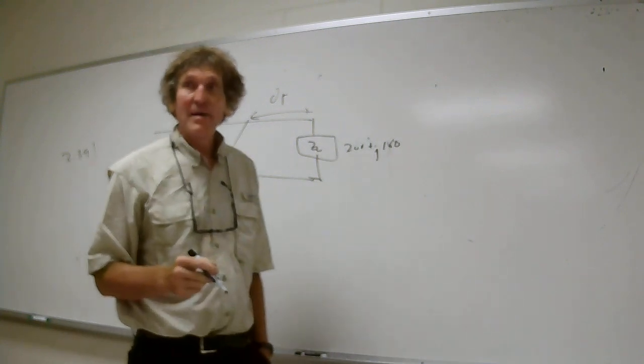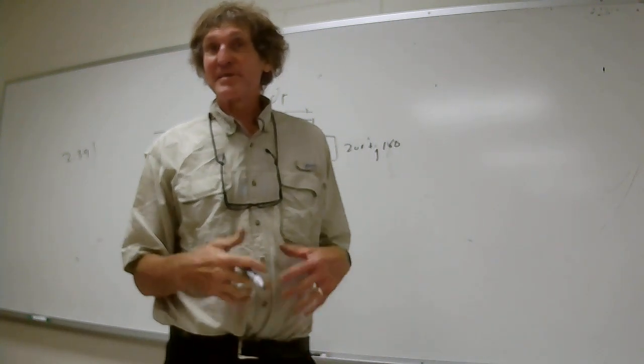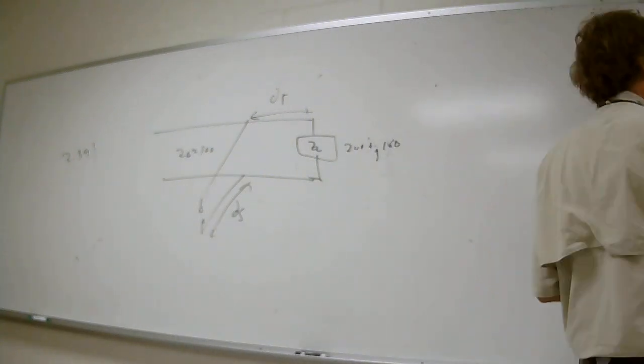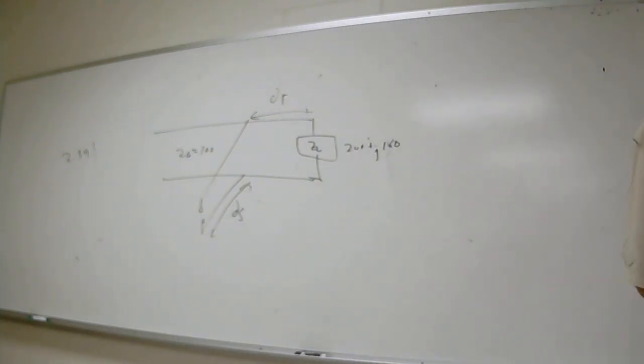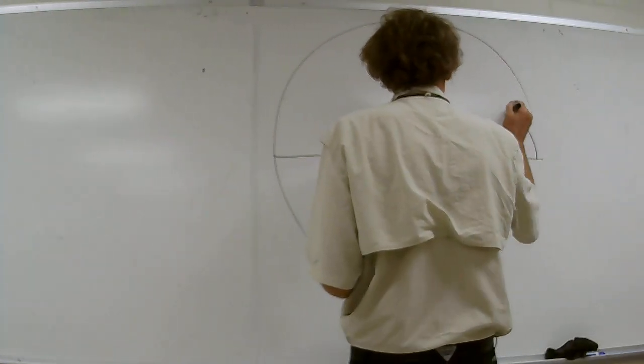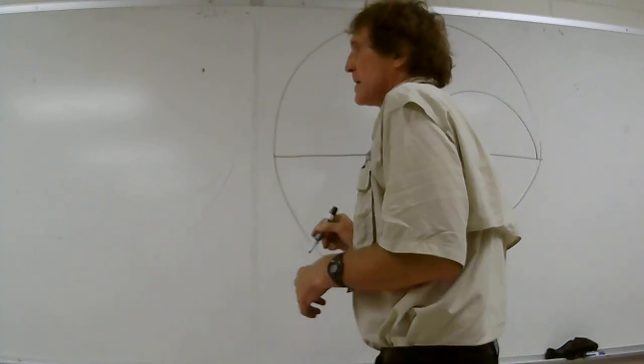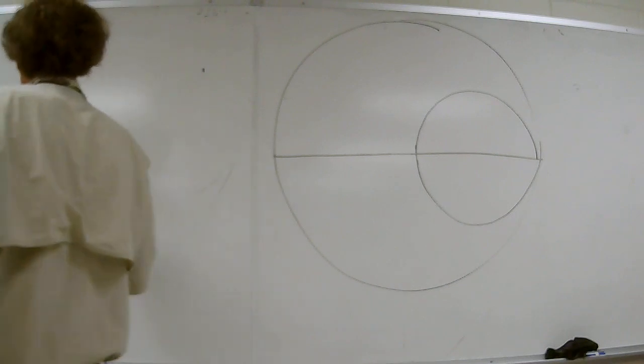Okay, now we just basically did this kind of thing, right? So here's the Smith chart. First thing is ZL.